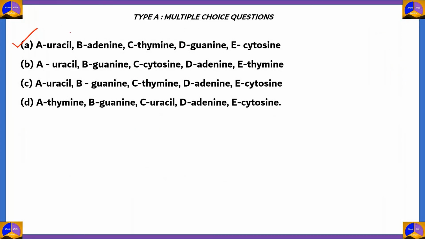So that makes option A the right option. Remember, we can also use this by comparing uracil and thymine, but that would not be as effective because there are 3 options with A as uracil. So we compared adenine, and using the fact that adenine does not have an oxygen group, we found out that option A is the right option.